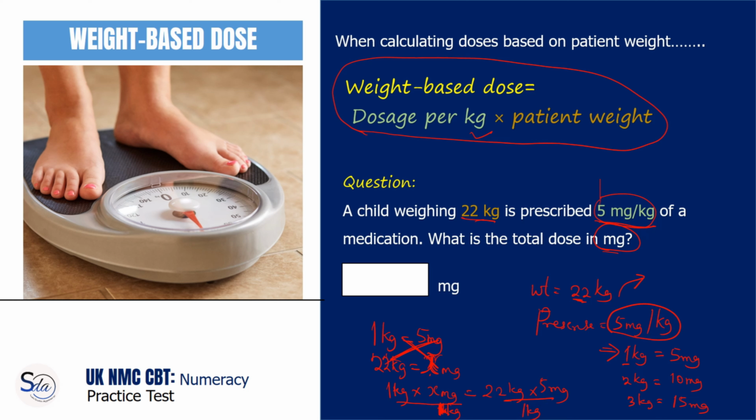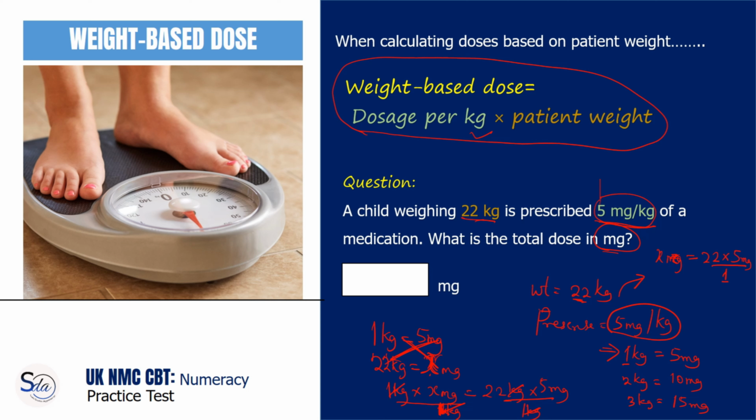This 1 kg will cross out this 1 kg. This kg will cross out this kg. We are left with X in milligram is equal to 22 times 5 milligram, all divided by 1.